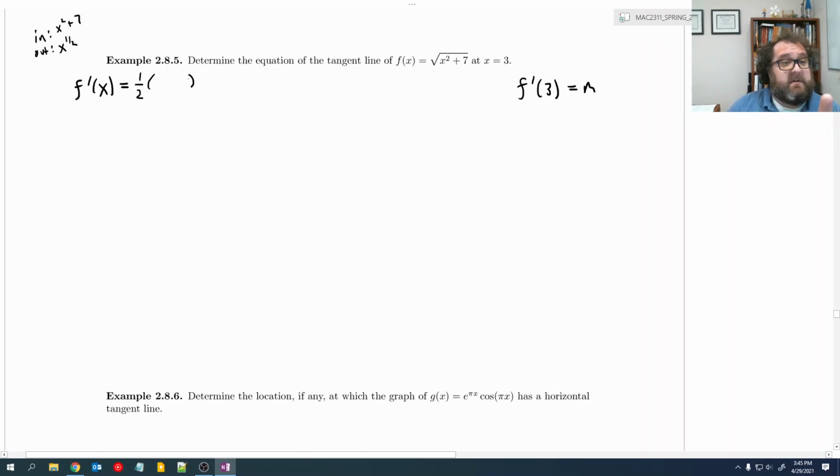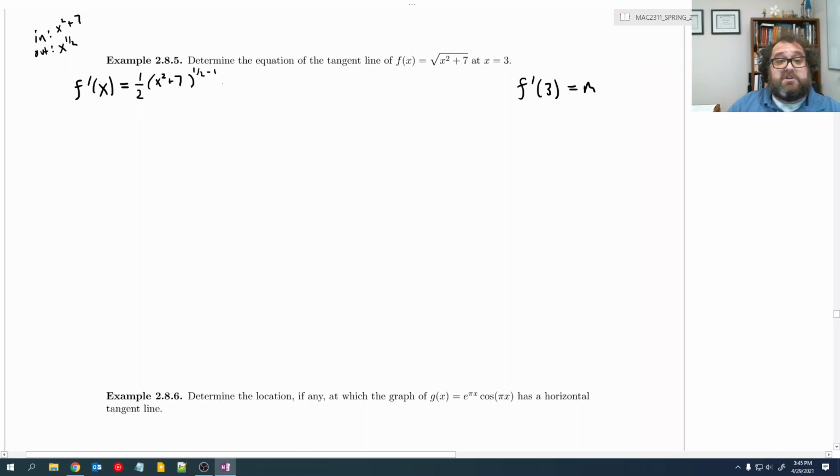So 1/2 times x, empty parentheses, raised to the original power minus 1, so 1/2 minus 1 power. That's step 1. Step 2 is to evaluate that derivative at the inside function. That is, plug in the inside function. So x squared plus 7 gets plugged in.